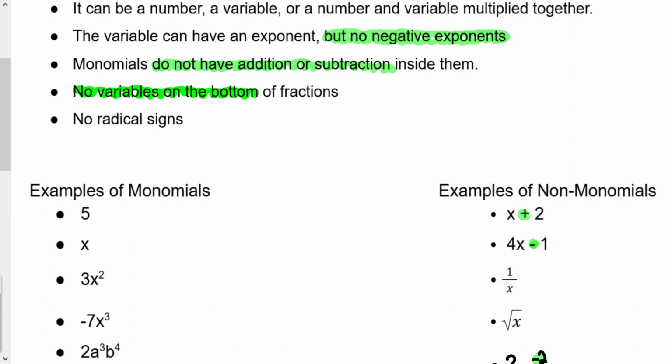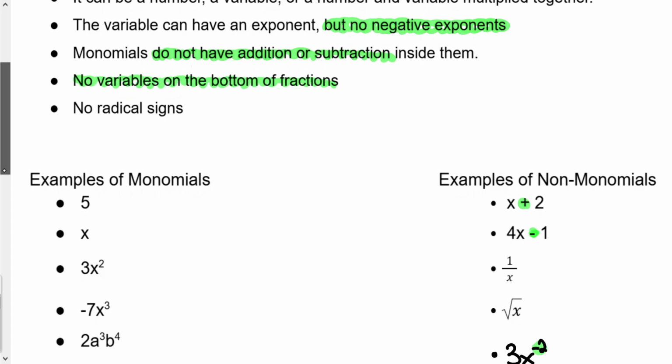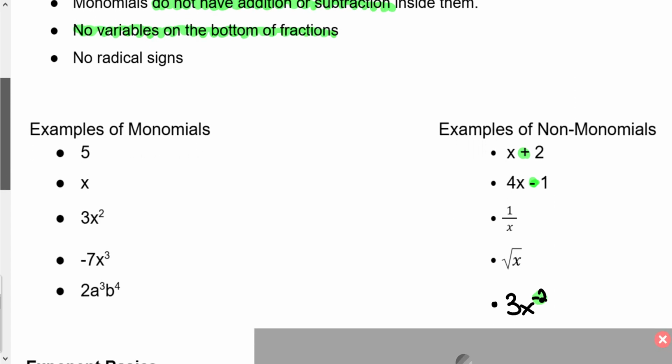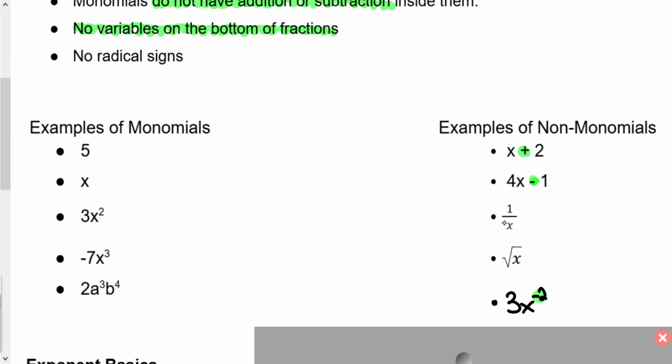In the next lesson or the lesson after that, we will get into how this plays out. But if you see a variable on the bottom of a fraction, anywhere division related, that x on the bottom right there says it's not a monomial, and you just take it as fact. You don't think about it, you take it.